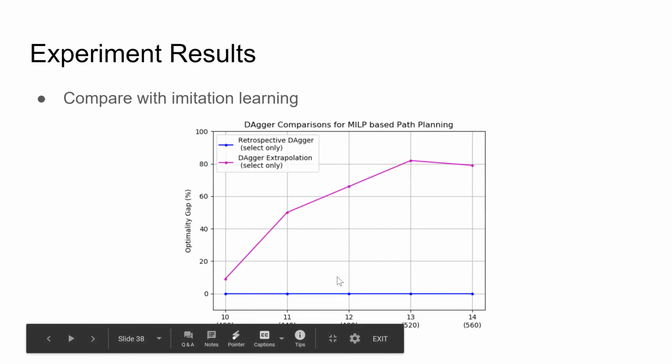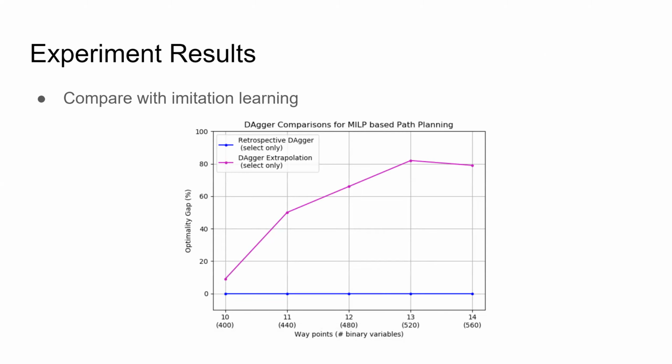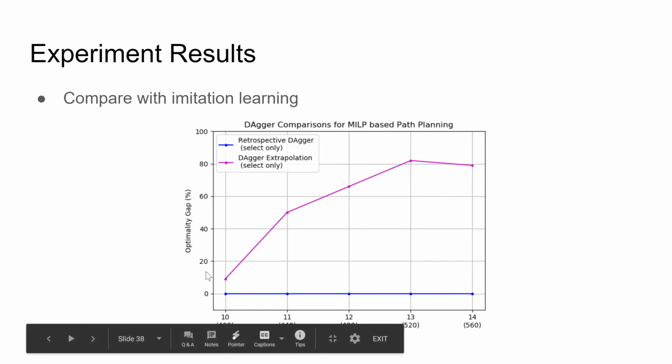On the x-axis is the scaling of the problem size. The y-axis is the optimality gap, so how far away from the optimal solution it is. Here lower is better. Retrospective imitation learning consistently gets to 0 or near 0 optimality gap when we scale up, while just extrapolating the base policy learned on the base scale doesn't work.